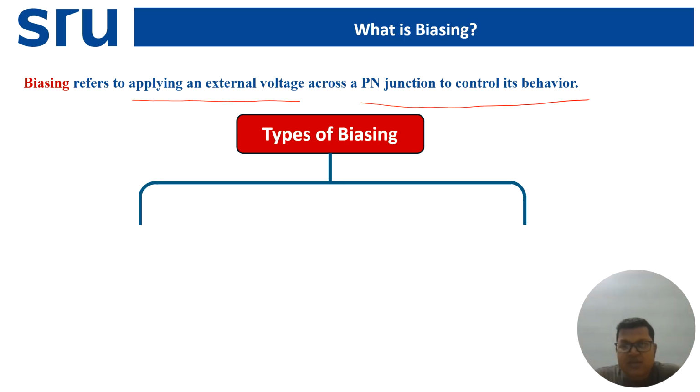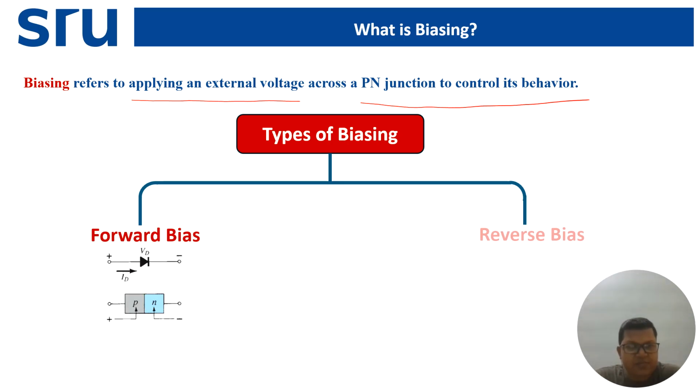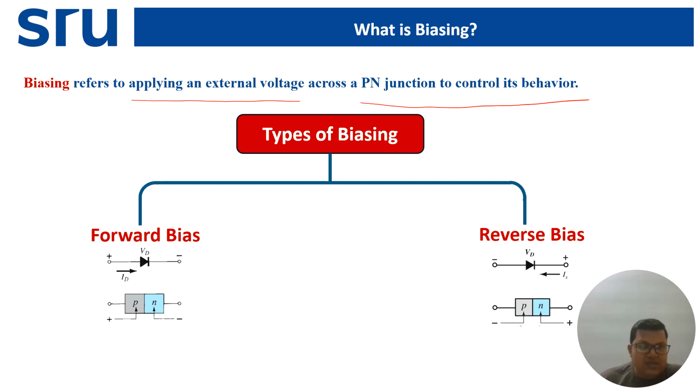So what are the types of biasing? Biasing can be categorized as forward bias and reverse bias. Forward bias: this side is the P side, this side is the N side. The P side is connected to the positive of the battery and the N side is connected to the negative of the battery.